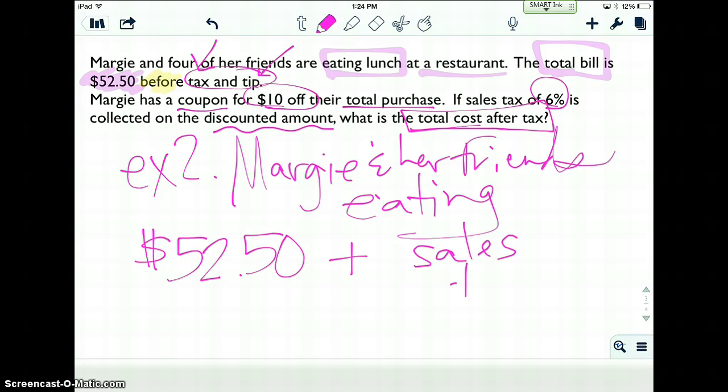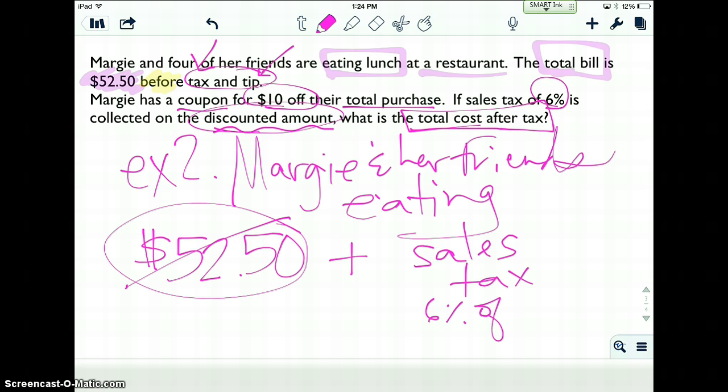I'm going to have to add in that sales tax. And the sales tax was 6% of what? The discounted amount. Oh. So I need the discounted amount. So the discounted amount I'm going to write in, well, it's not $52.50, is it? No. That's not going to be the total purchase.